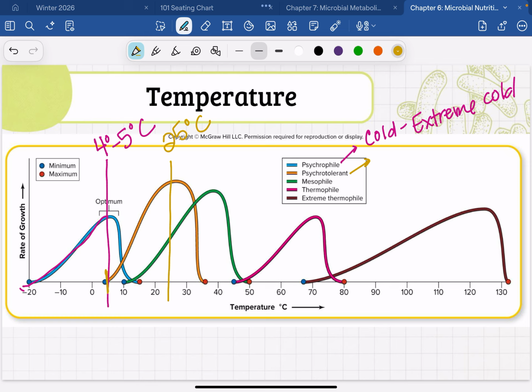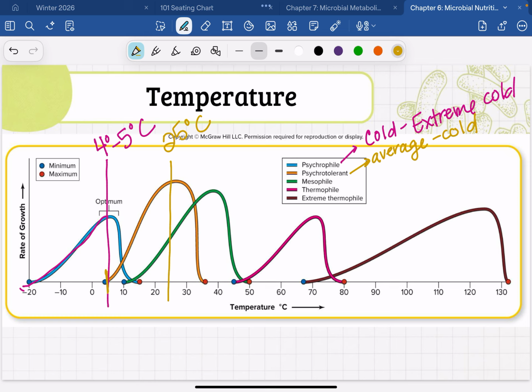So there are organisms that are capable of growing in the fridge, but also surviving at room temp, and even a little bit higher than that. But their average optimum temperature is about 25 degrees Celsius. Next, I kind of call these average to cold, or room temp to cold, if we had to classify them.